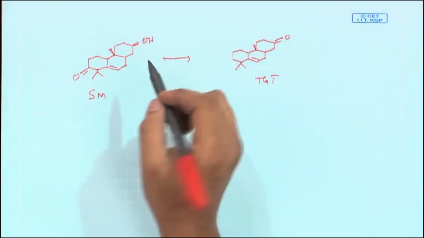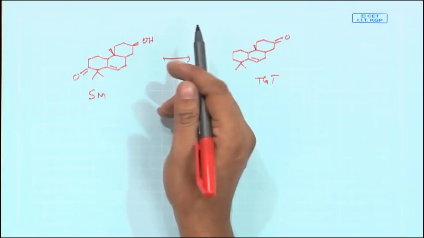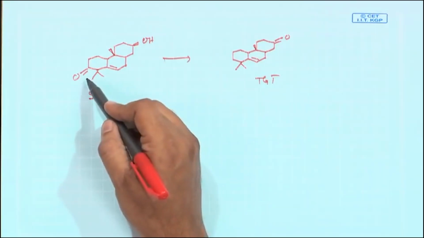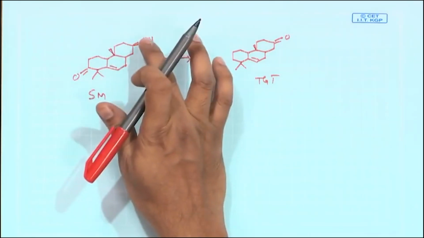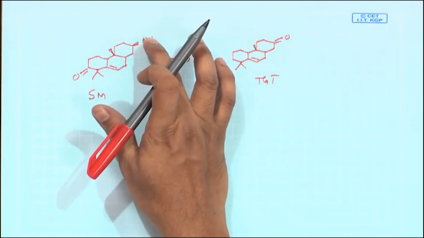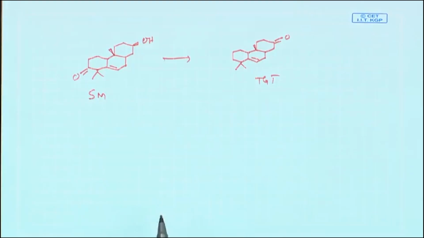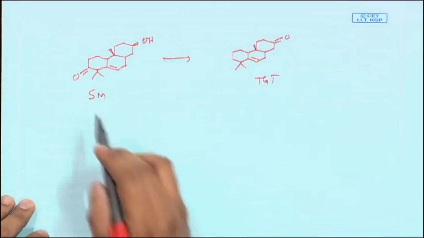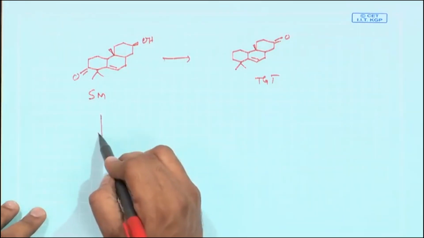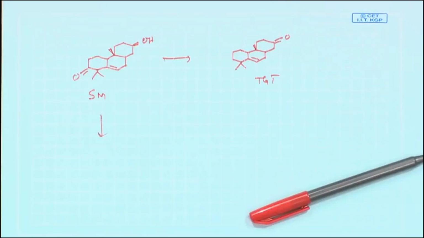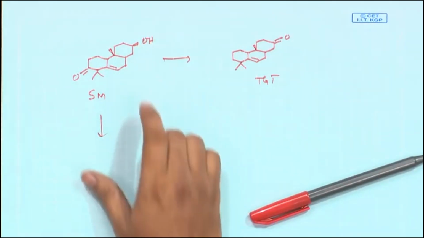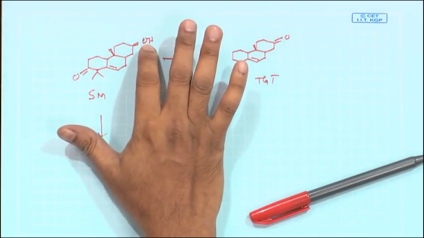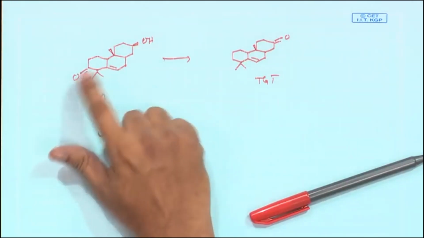So, you need to do two reactions: selectively deoxygenate here, and do an oxidation particularly at this carbon. Now, let us try to think about what kind of reactions you can use. In principle, if you first oxidize this molecule with a suitable oxidizing agent, that will give you the diketone.